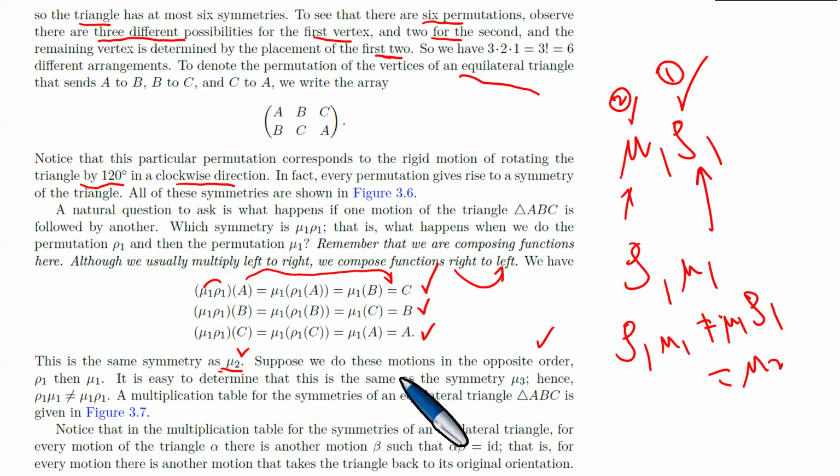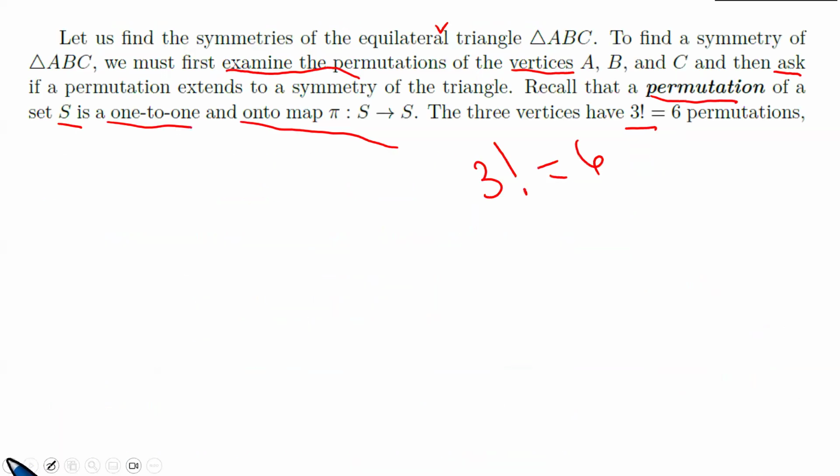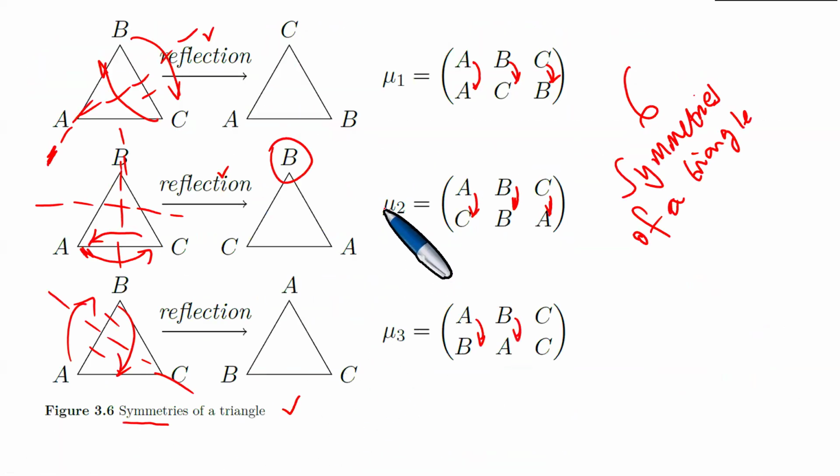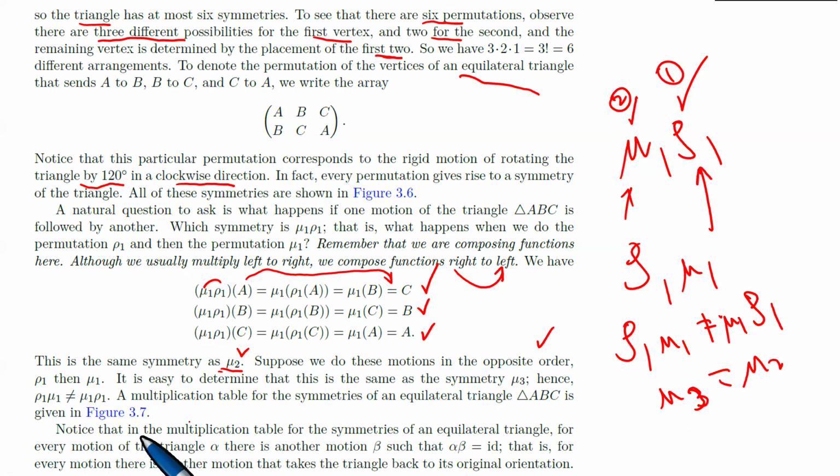If we do these motions in the opposite order, it produces mu3. Yet mu3 and mu2 are different. This one is CBA and this is BAC, so mu2 and mu3 are not equal to each other.